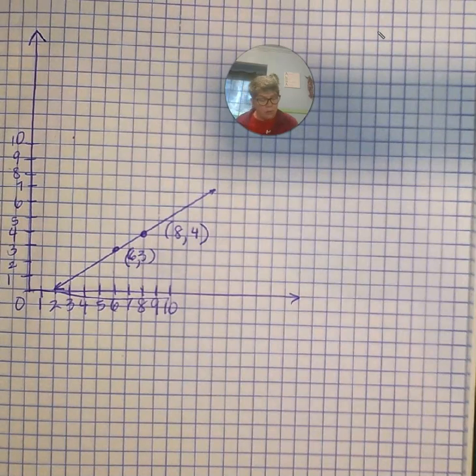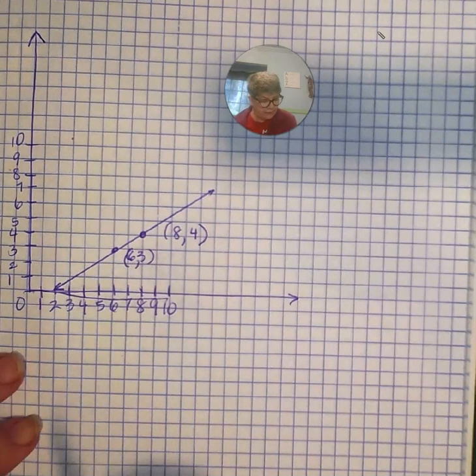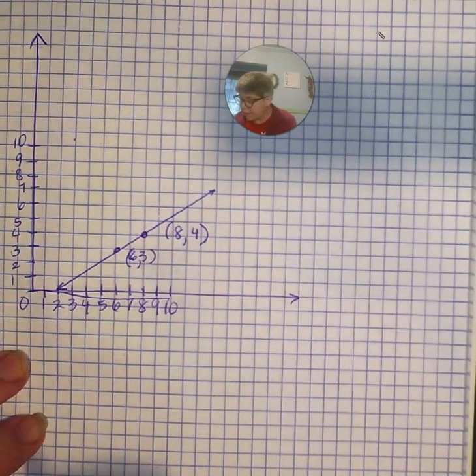So today we're going to draw lines in coordinate planes and identify ordered pairs for points on the line. Okay? Now, looking at this coordinate grid that we have, we're going to talk about it a little bit more. Here is a sentence.